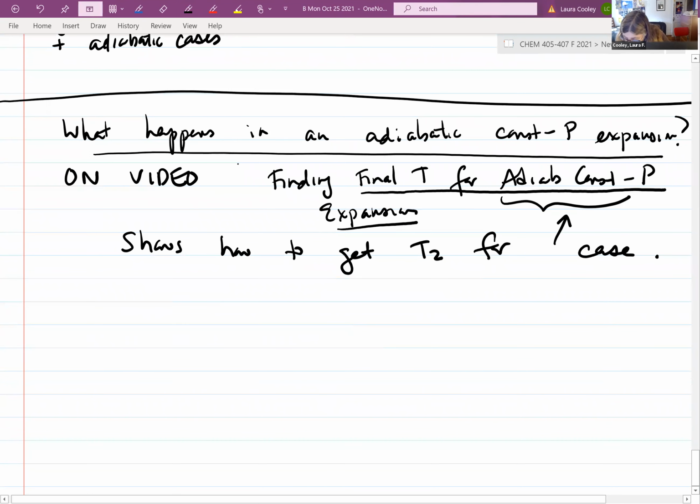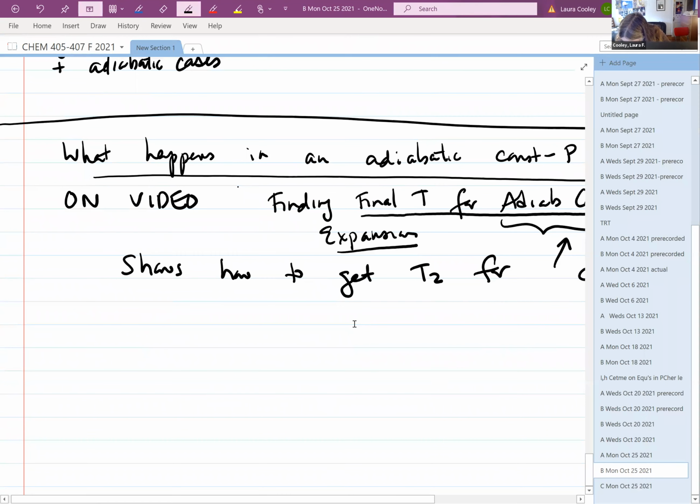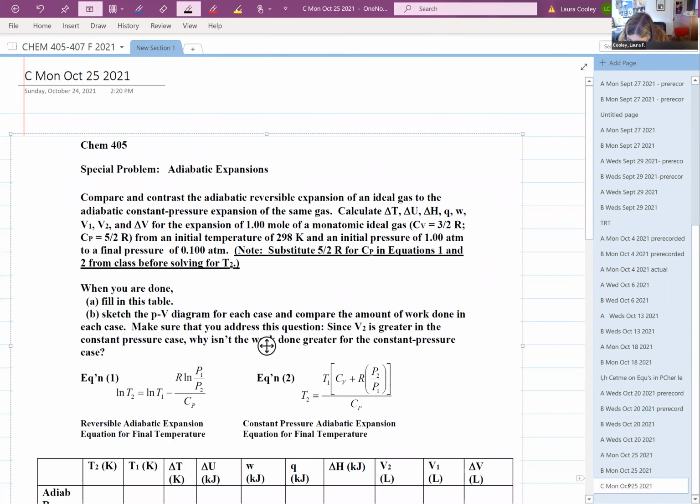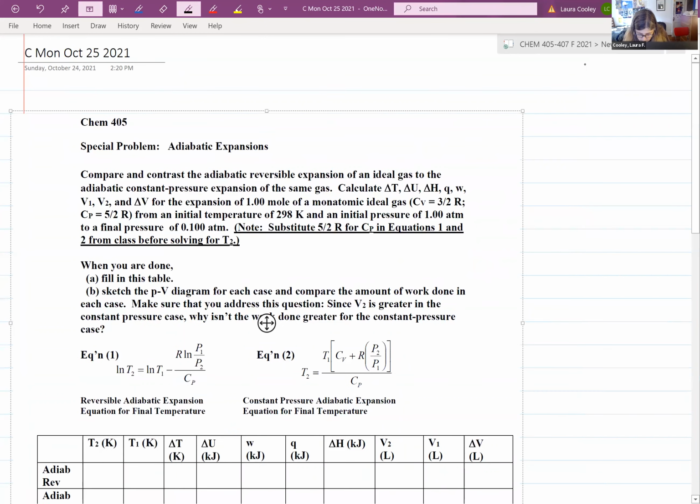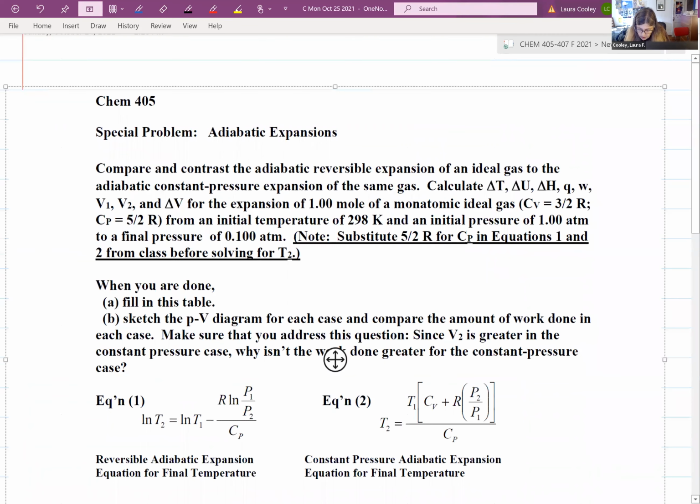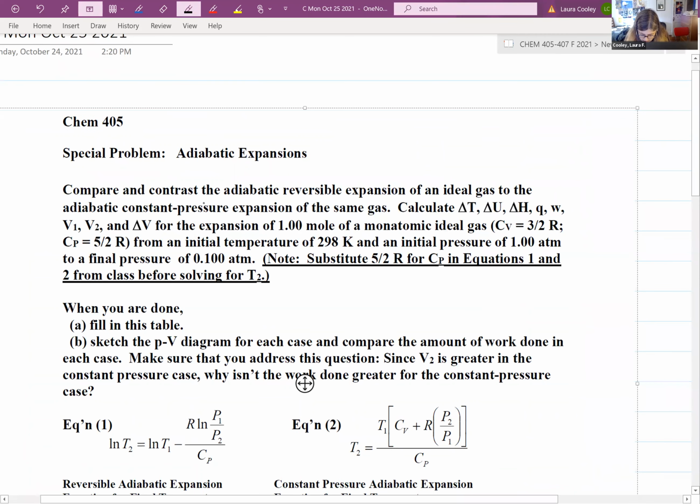So I'm going to show you the special problem. So here is the whole thing. Okay, so I'm asking you to compare and contrast the adiabatic reversible expansion to the adiabatic constant pressure expansion of the same gas.